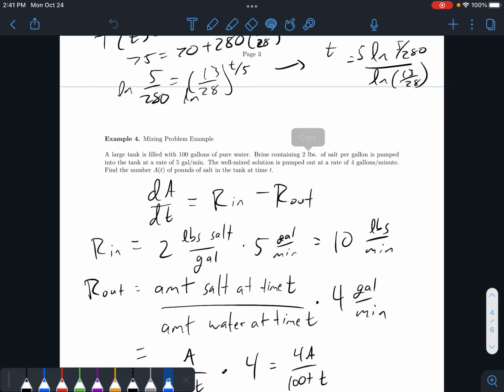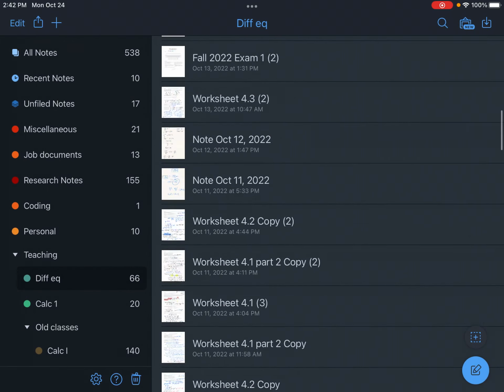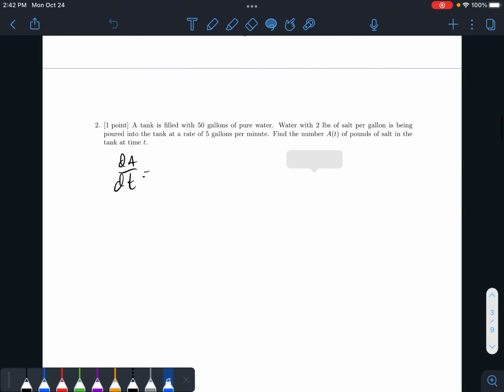So I'm going to copy that over, and we're just going to bring that along with us, and then I'm going to modify this after I post this. So really we're trying to say the well mixed solution is then pumped out at a rate of some number of gallons per minute. Yeah, let's just keep it at 4 gallons per minute.